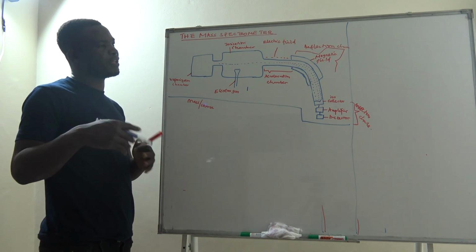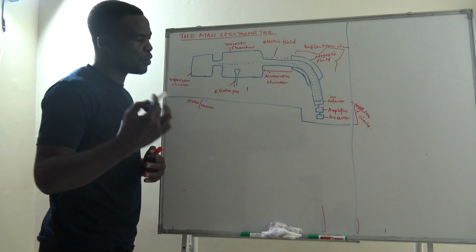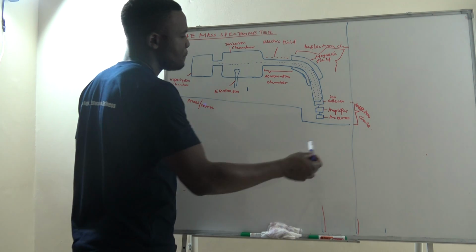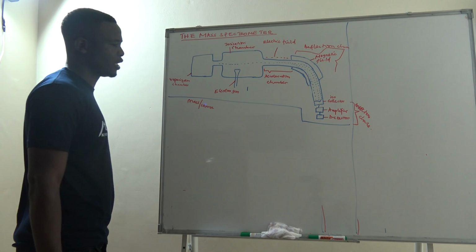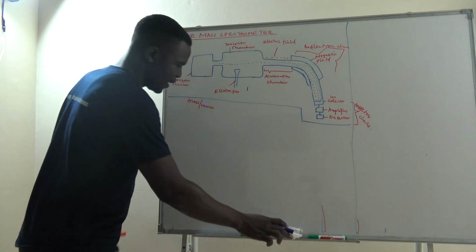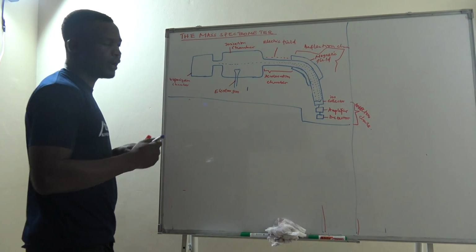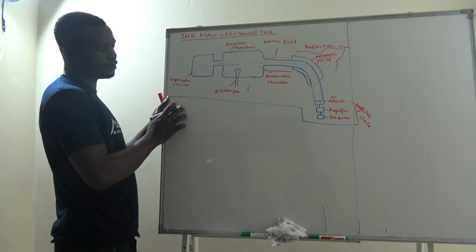So if the fragments are different, we are also going to get different peaks formed on the screen. And now, let's look at the stepwise use of a mass spectrometer.